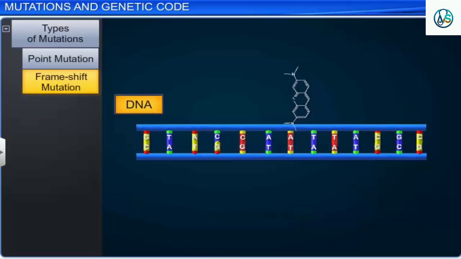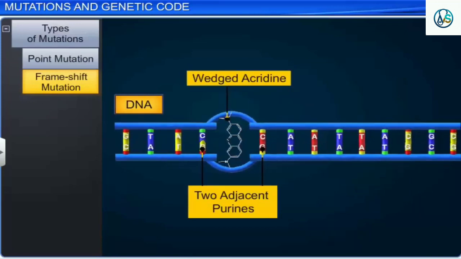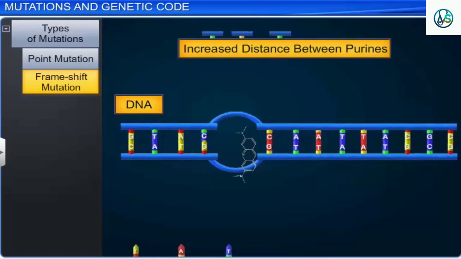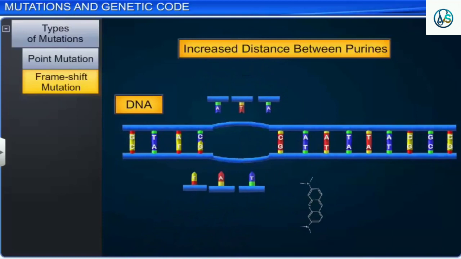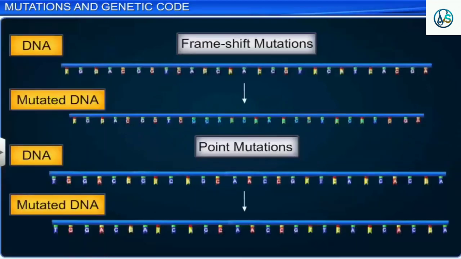These dyes get intercalated or wedged between two adjacent purines and thus increase the distance between them from 3.4 angstroms to 6.8 angstroms, leading to frame shift mutation. Chemical, physical, and environmental factors thus lead to the addition or deletion or replacement of one or more base pairs of a codon, which in turn causes frame shift mutations and point mutations.